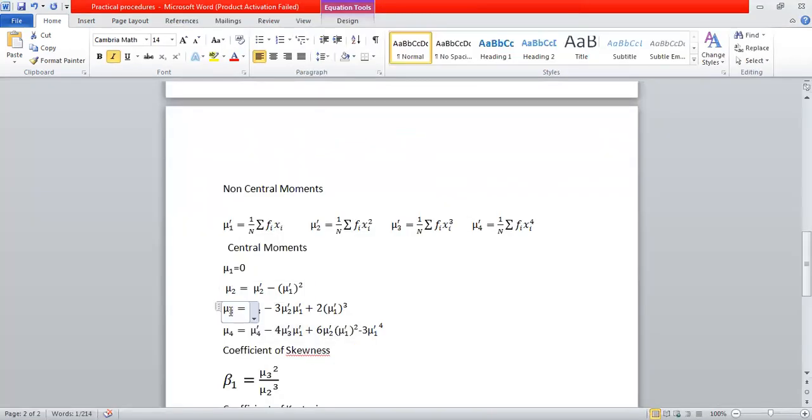Next, coming to mu3. What is the formula for mu3? Check the formula for mu3 here first. The formula is mu3 dash minus 3 mu2 dash mu1 dash plus 2 mu1 dash cube.